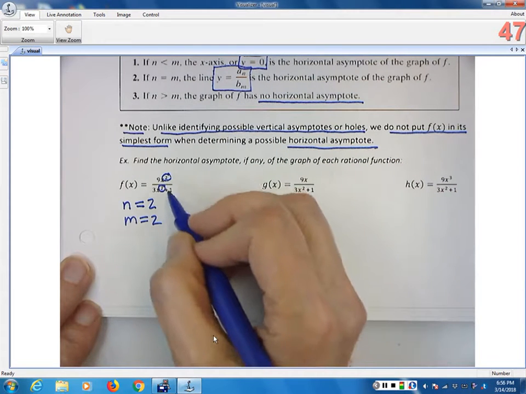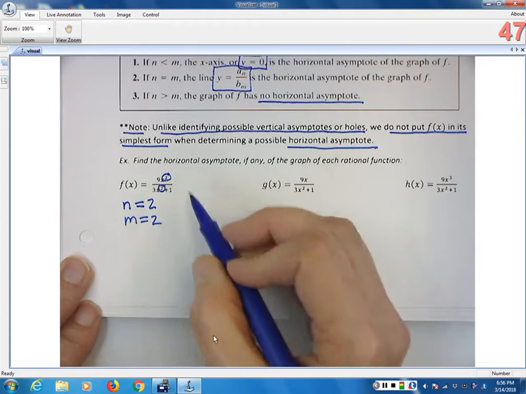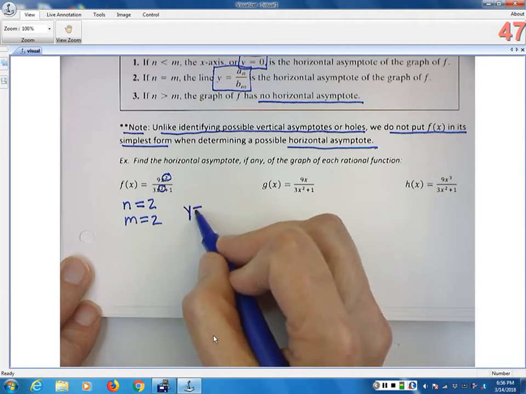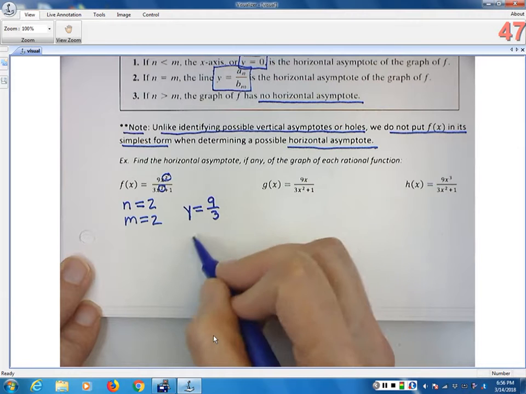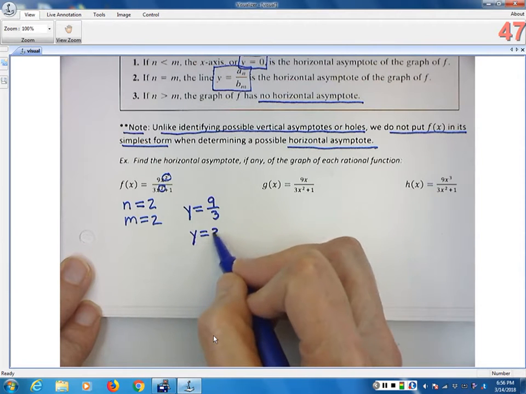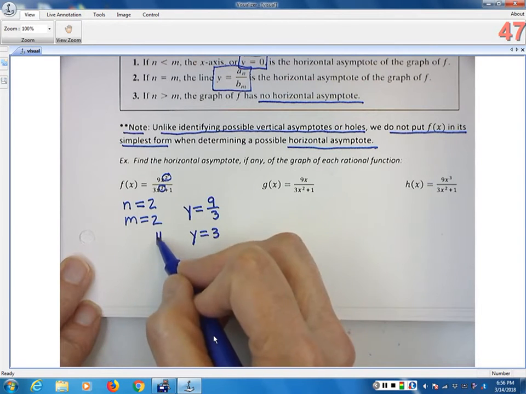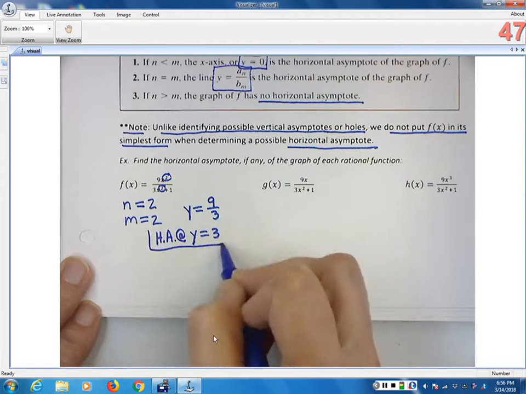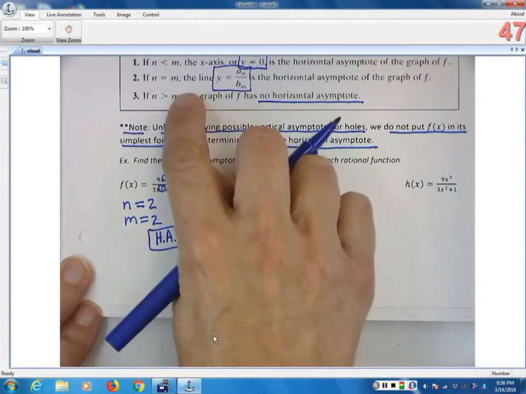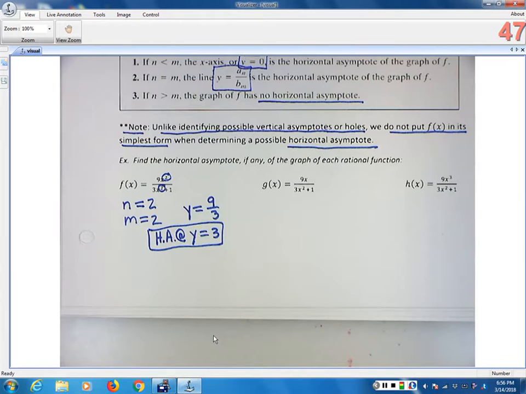So here are our coefficients, 9 and 3. So it's y equals 9 divided by 3, or you simplify that to y equals 3. So we have a horizontal asymptote at y equals 3. You just follow that rule.